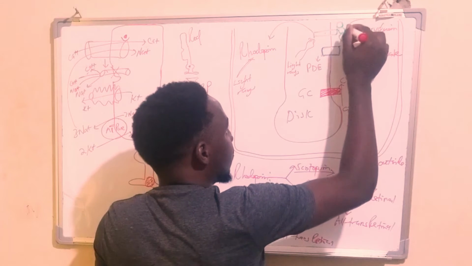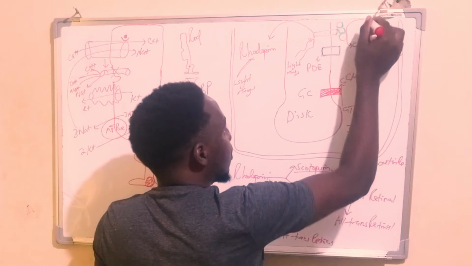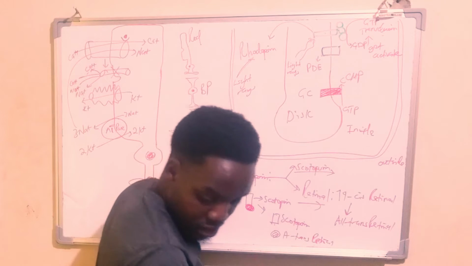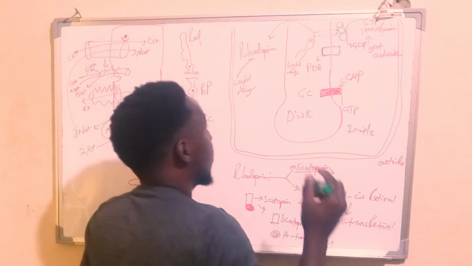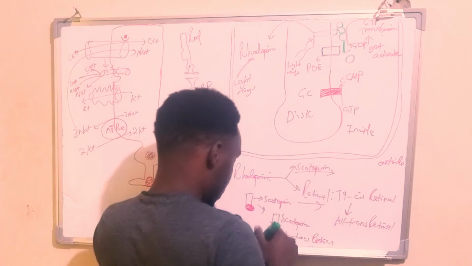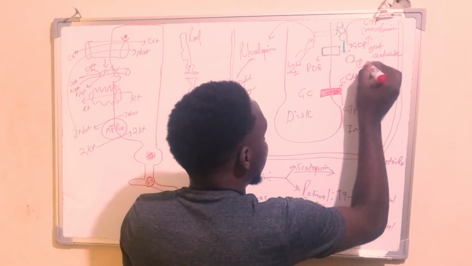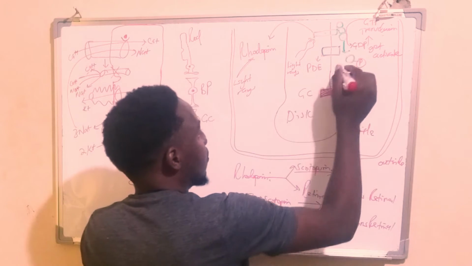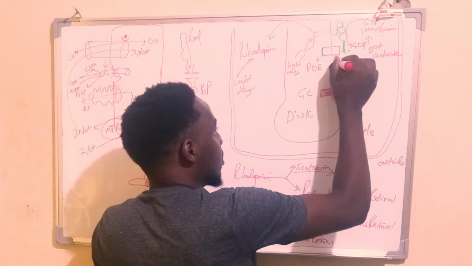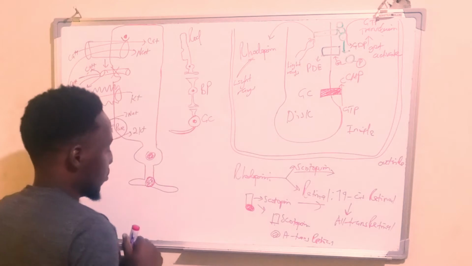When it gets activated, it converts GTP into GDP like that. Then this alpha subunit, let me use my green marker there, moves away together with the phosphate, so it's now active. What it does now is it goes and activates this enzyme, phosphodiesterase.